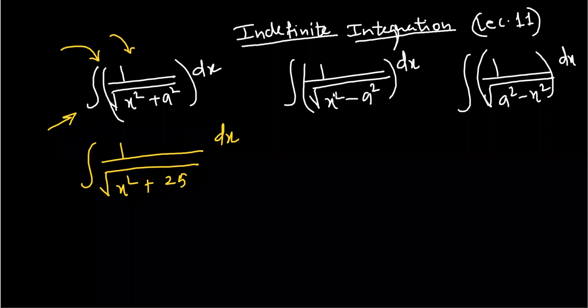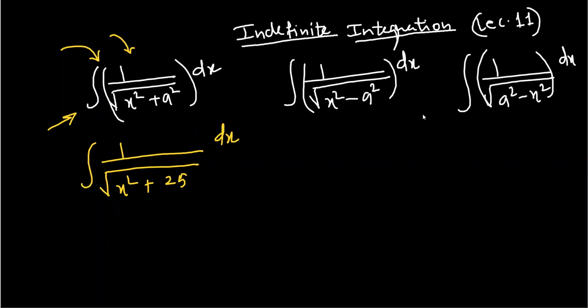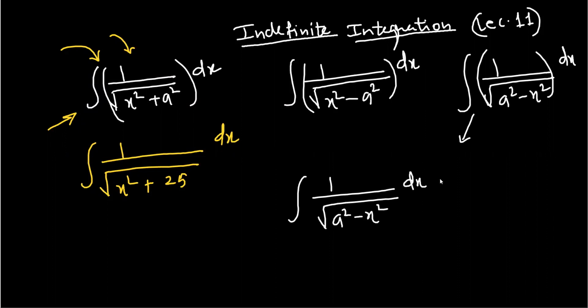In most of the boards it is found that they ask these theories in the exam, that is, how the results are derived. When we solve, you will notice that integration of 1 upon square root of a square minus x square comes as sine inverse of x over a plus c.